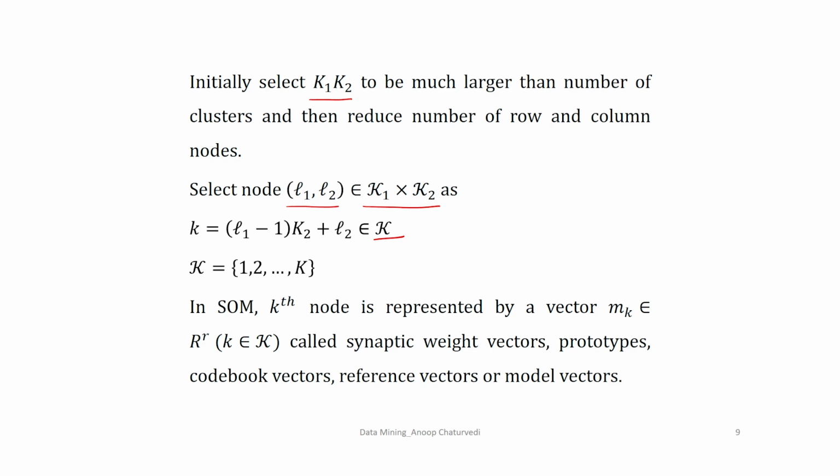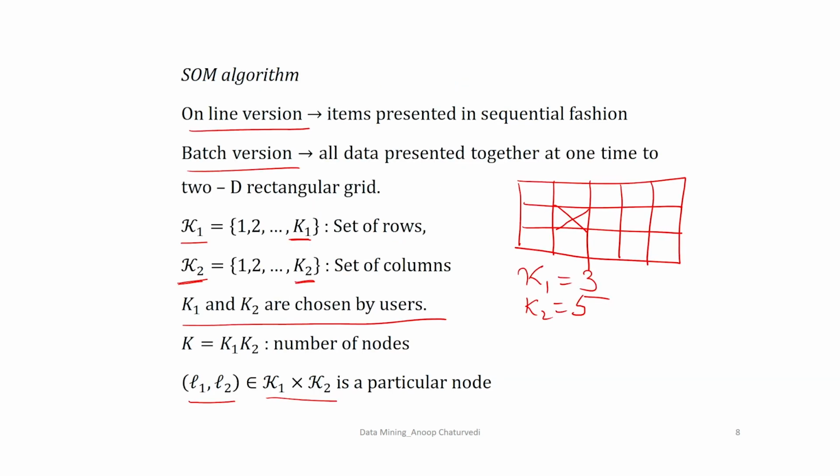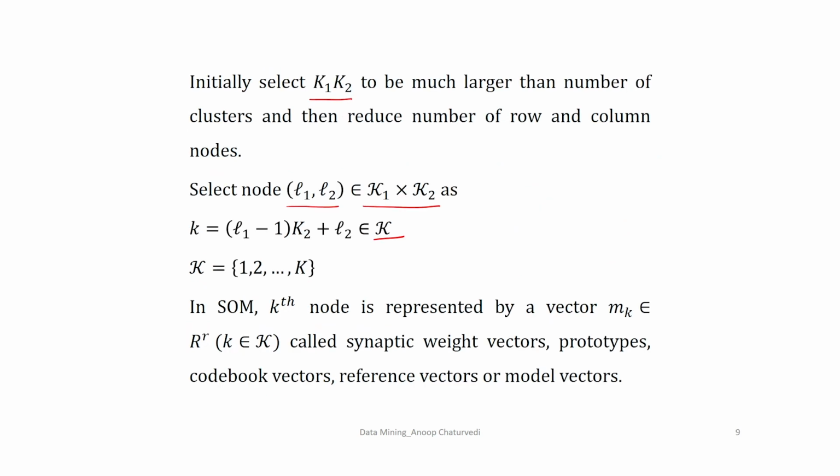Say in the previous example, you have K1 equal to 3 and K2 equal to 5. Now, suppose you take a particular node, say (2, 3). Then what is the value of k?